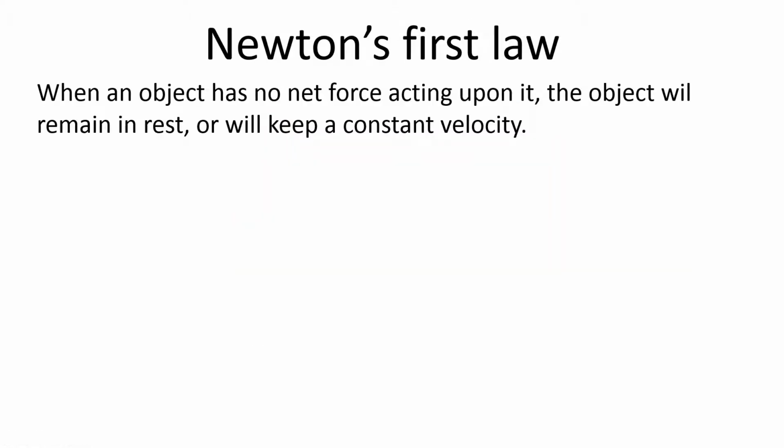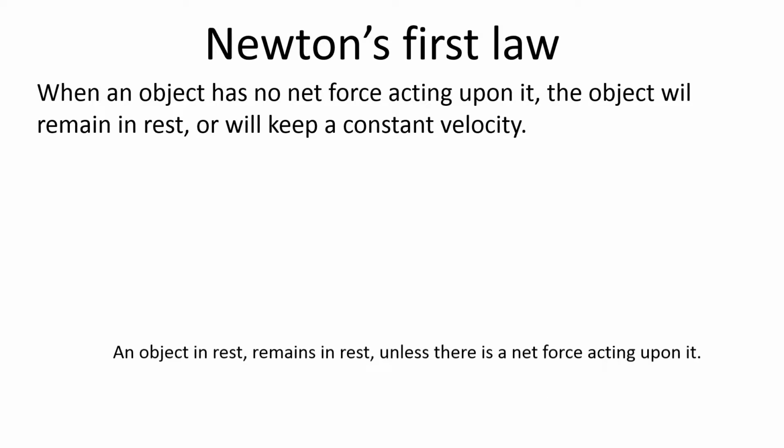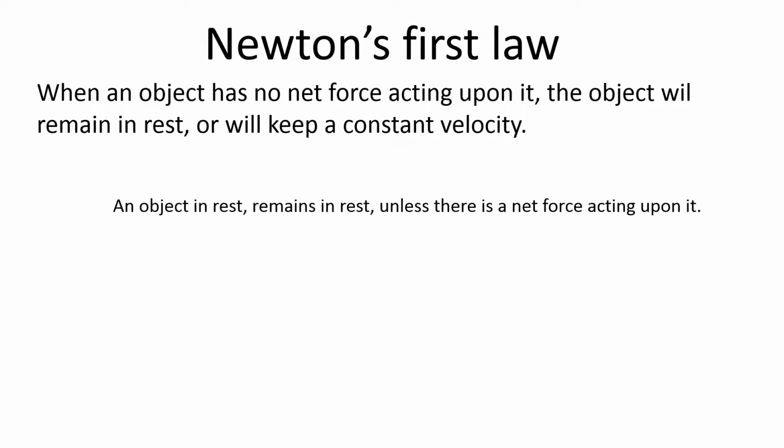So to put it in words, when an object has no net force acting upon it, the object will remain at rest, or it will keep a constant velocity. Said in other words, an object that is at rest remains at rest, unless there is a net force acting upon it.